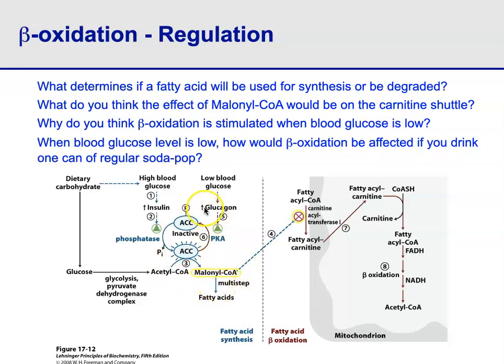But simply because we're shutting down glucagon and stimulating insulin, this process will be inhibited. So you would inhibit the use of fatty acids for energy. You will transition now to use glucose for energy.